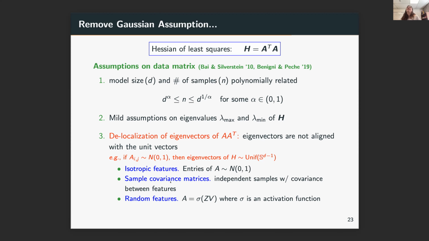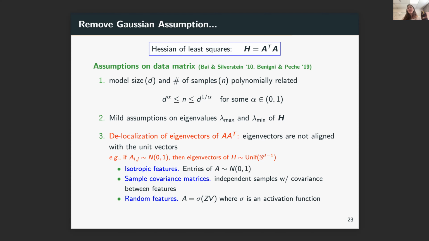But it turns out that lots and lots of high-dimensional random matrices also satisfy this property. Random matrix theorists like to prove this result, so lots of things satisfy it. For instance, sample covariance matrices satisfy it, provided that your covariance is on the feature side. Random features satisfy it.